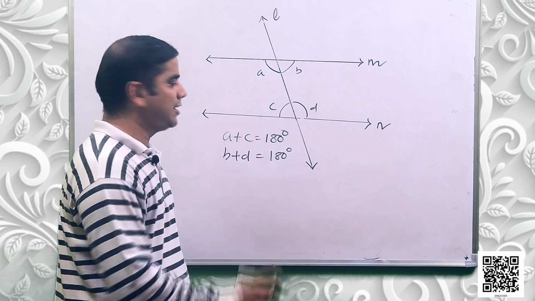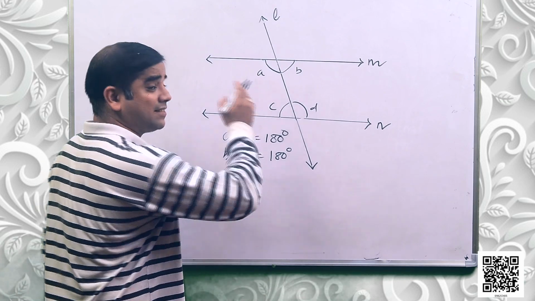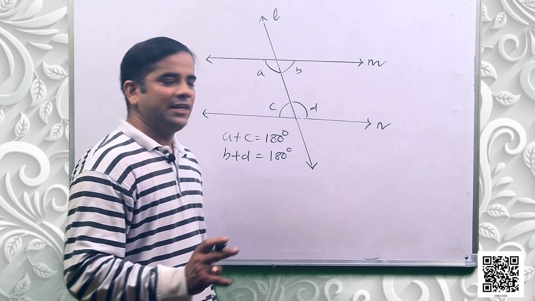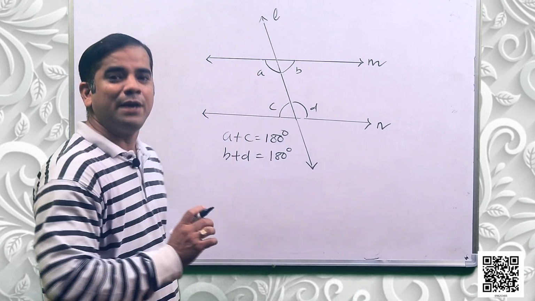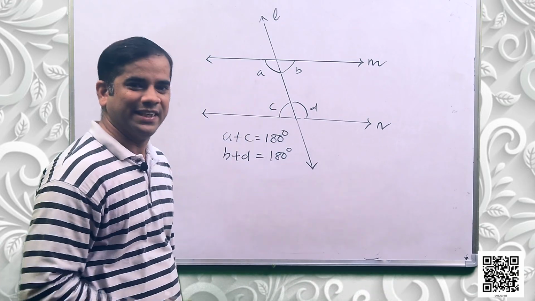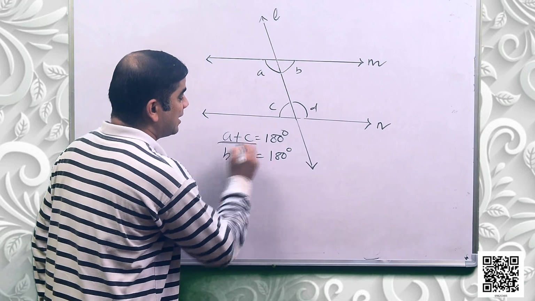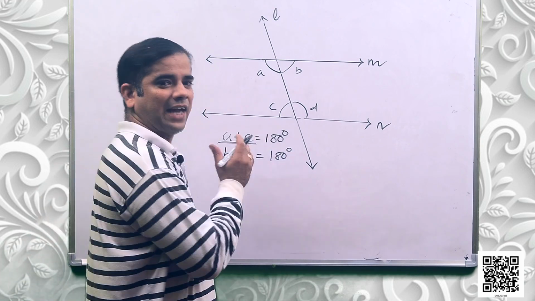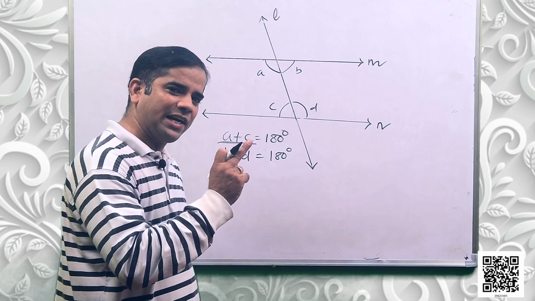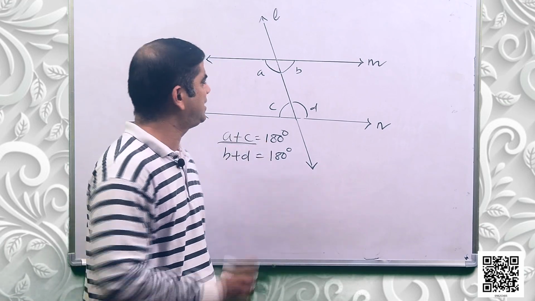As per the postulate, if the sum is less than 180 degrees, the lines will meet with each other, isn't it? The postulate says if the sum of the internal angles on one side is less than 180 degrees, then they will meet with each other.